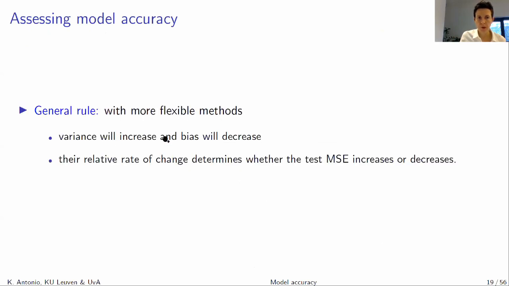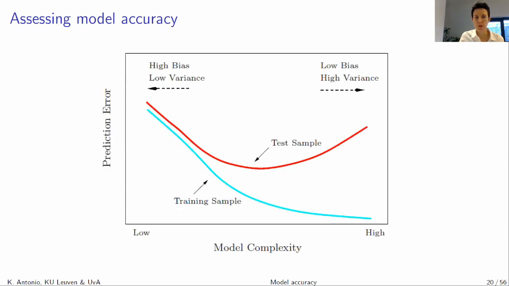In general, as we already discussed, if we have more flexible models, then variance will increase and bias will decrease, but the relative rate of change determines what this test mean squared error will look like. So let's make that a bit more specific by looking into some examples. In these examples, you will recognize the following curve.